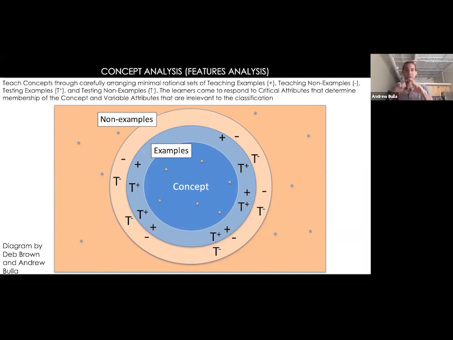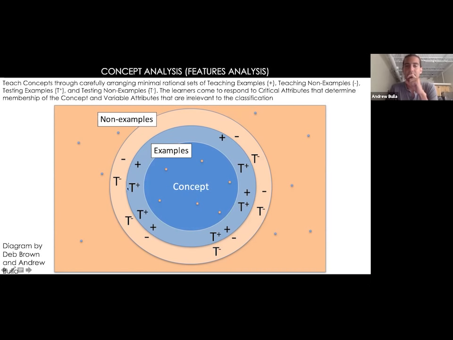So I want you to think of the blue circle as everything that the concept entails. That's the entire presence of the concept. And everything that lives inside that blue circle is an instance of the concept. So if we had dogs, every single dog would fall within that blue circle.